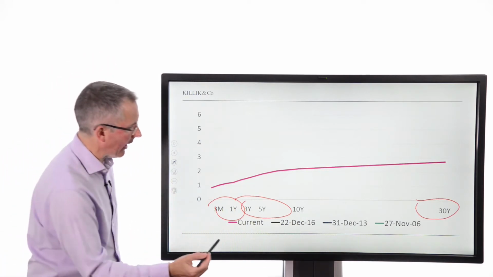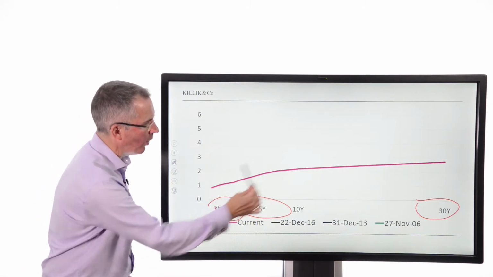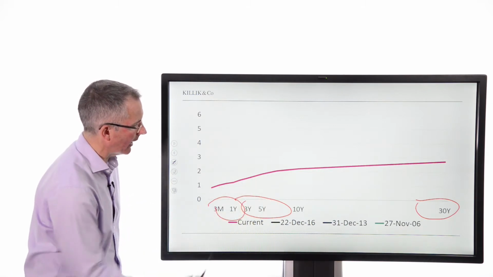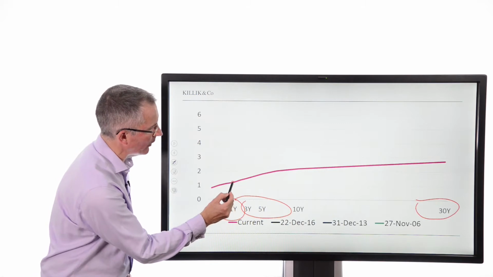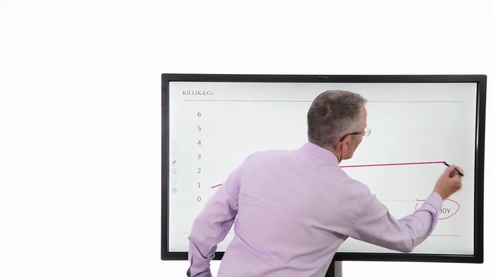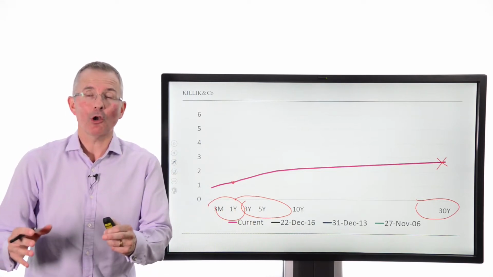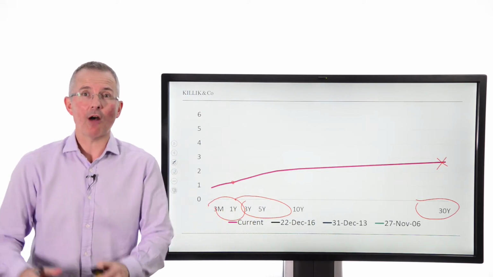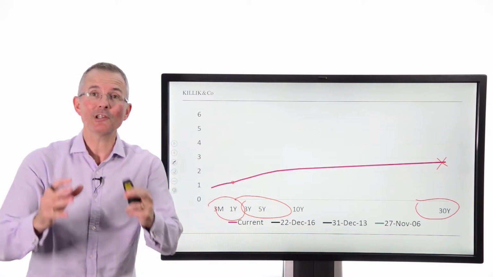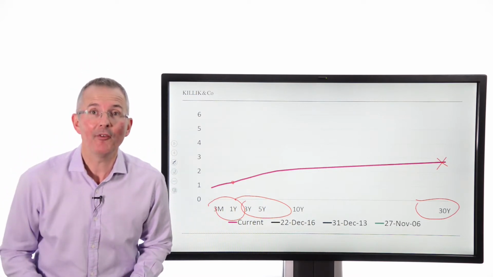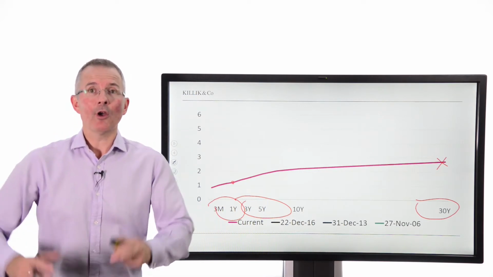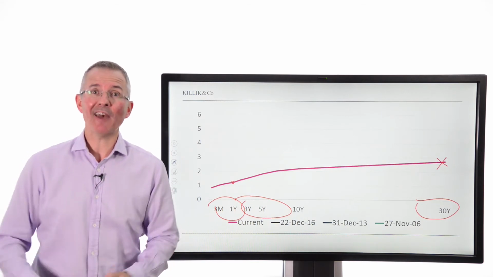And essentially what it's saying is, well, a normal upward sloping yield curve would see short-term yields below longer-term yields. Why? Because if you want to lock your money up with the government for 30 years rather than, say, 3 months, you could expect to receive a higher return in the form of a yield for doing so. Because otherwise, why would you lock your money away? You're doing the government a favour.